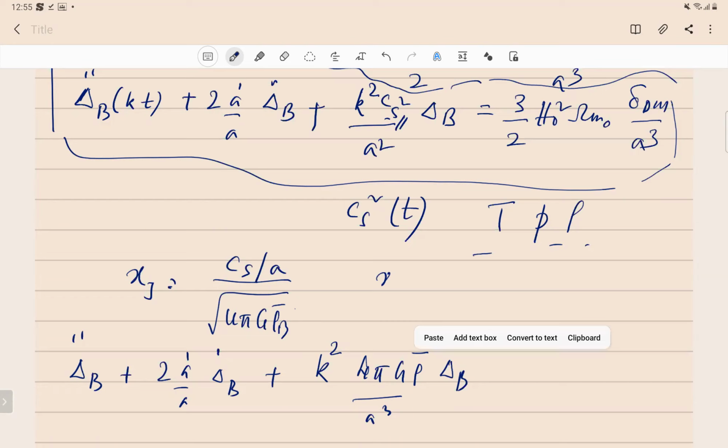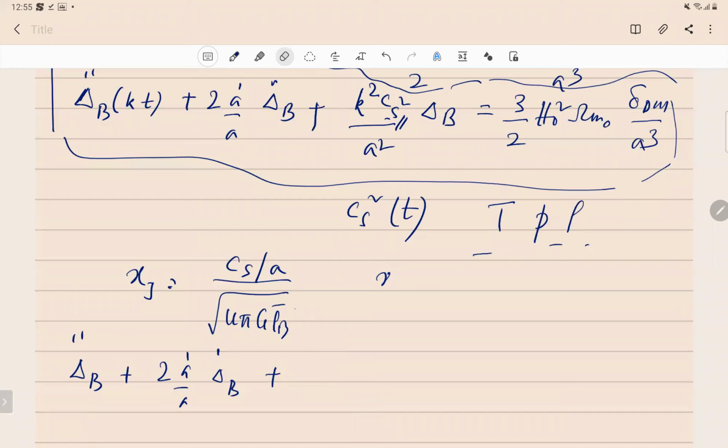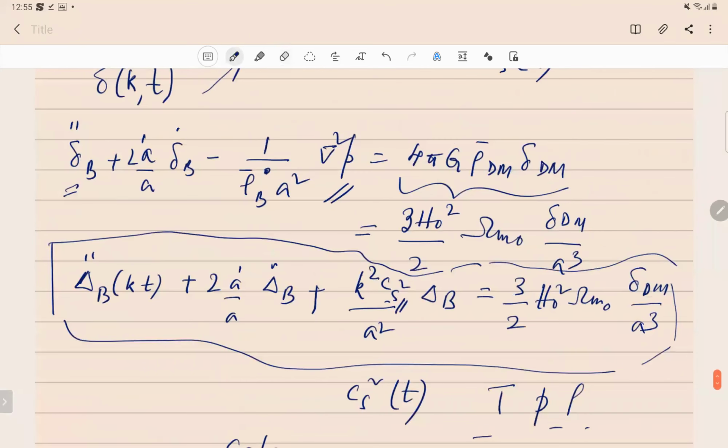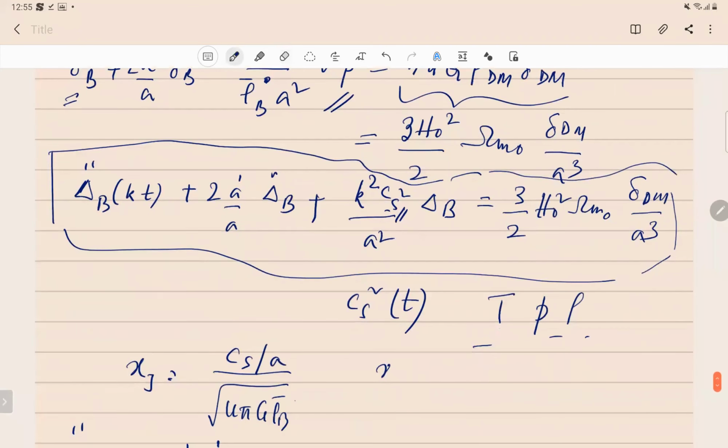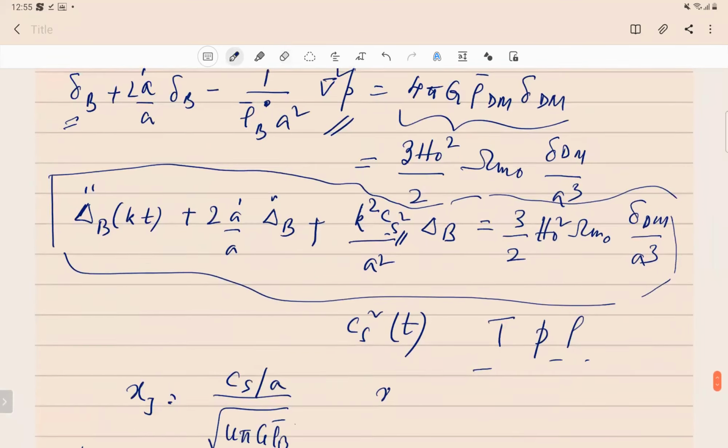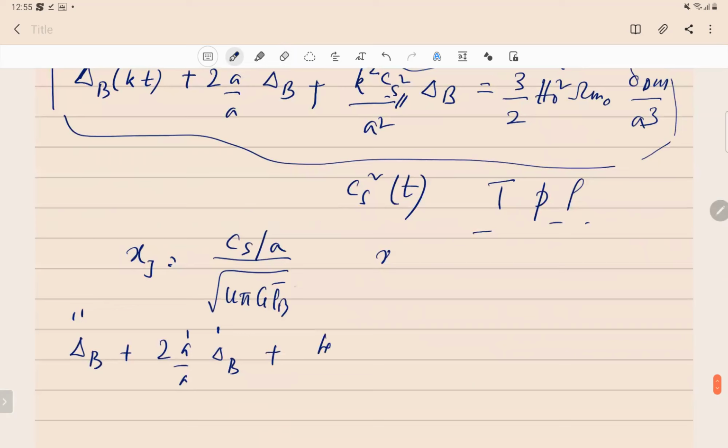So I think this will be exactly this term. So this will be plus, let me just write it: 4 pi G rho bar, and then you have delta baryon, and then you have k squared.